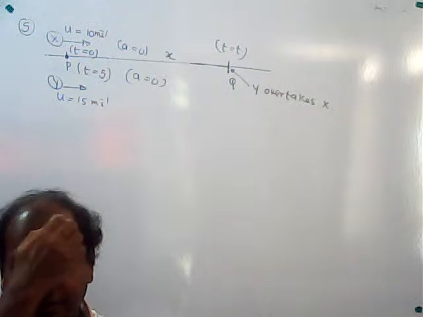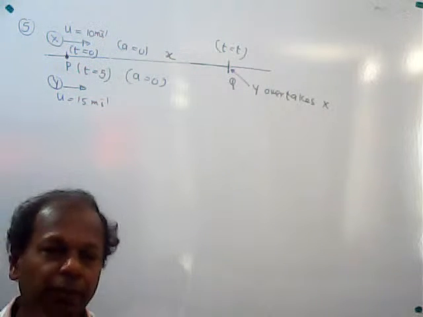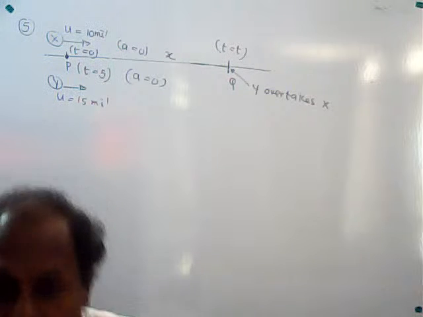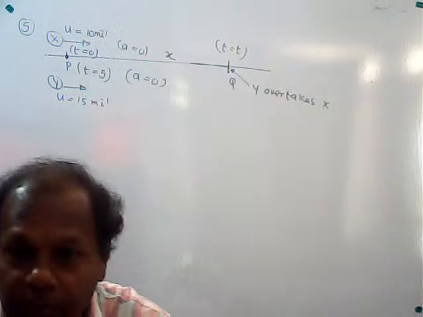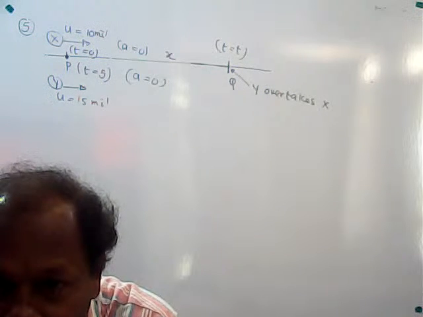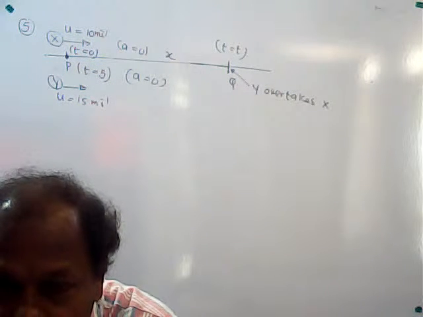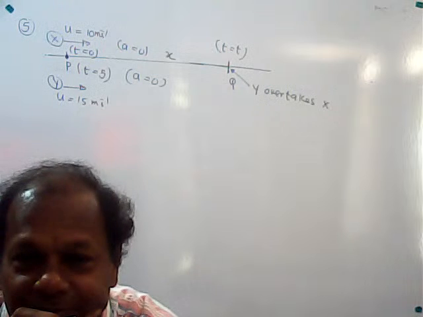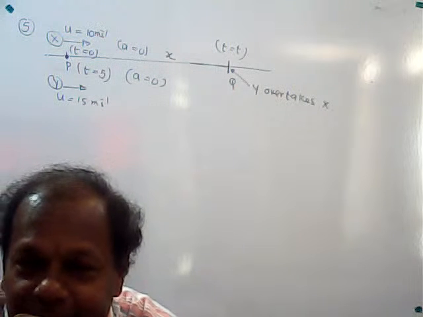The time taken by X is simply t between P and Q. If both meet at the same distance, is the time taken by them equal? No, definitely not.